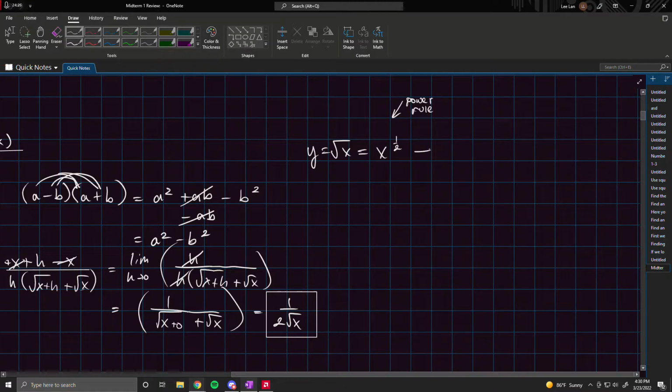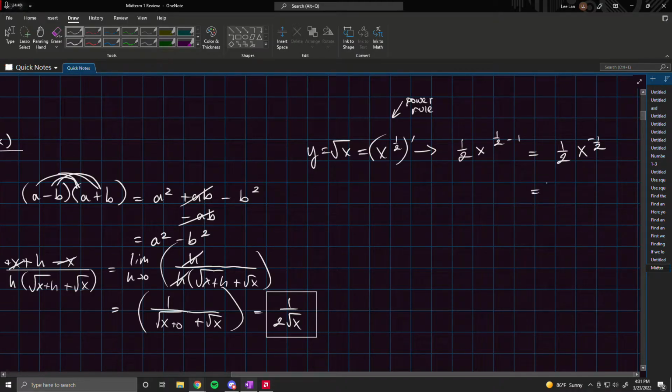If I want to take its derivative, I move the exponent in front, and then I subtract 1 from the exponent. So that's 1/2 minus 1, and so that equals 1/2 x to the negative 1/2.